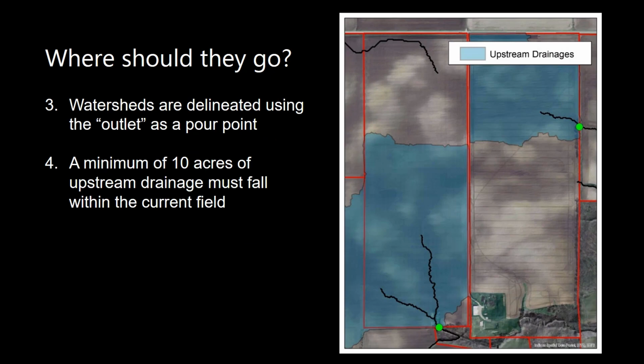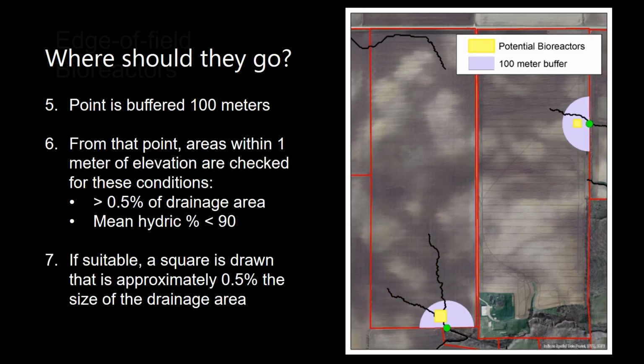The next step is watersheds are delineated using that outlet as a pour point. And then a check is done to make sure that a minimum of 10 acres of upstream drainage falls within that current field. Next, the points along those fields are buffered out 100 meters.